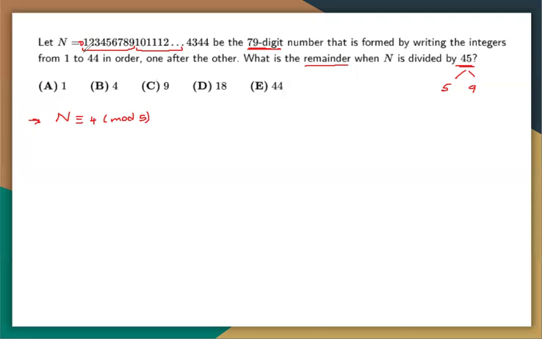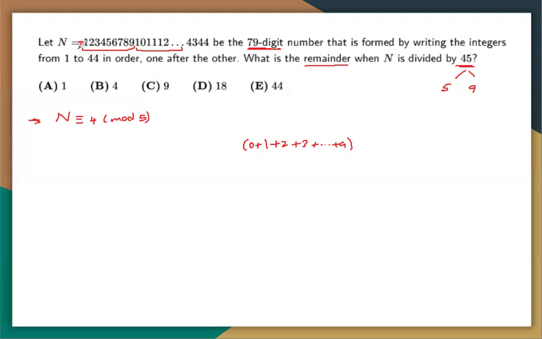Each one of those groups of 10, up to 39, has the units digits 1, 2, 3, all the way to 9. We have 0 as well, but it doesn't add anything. So we have these numbers as units digits 4 times.